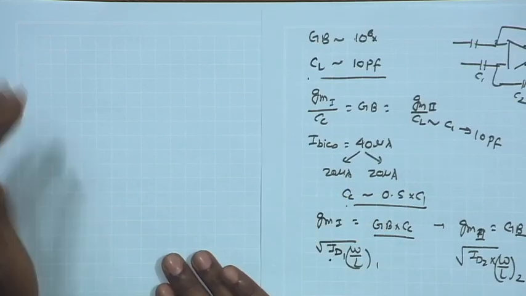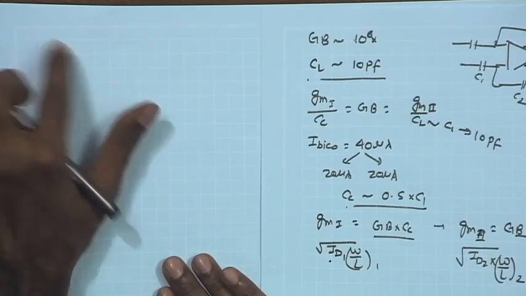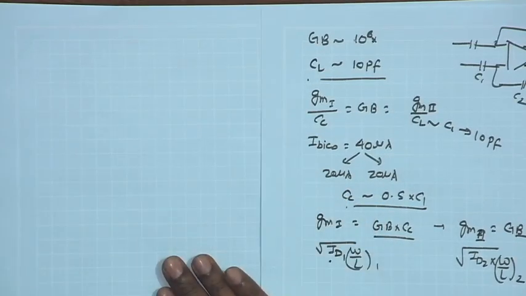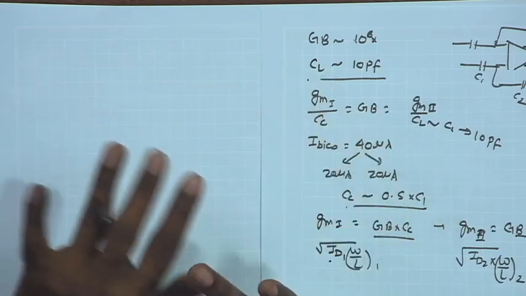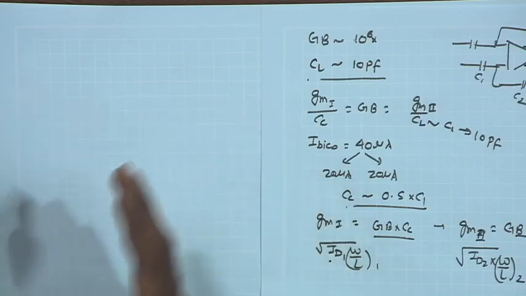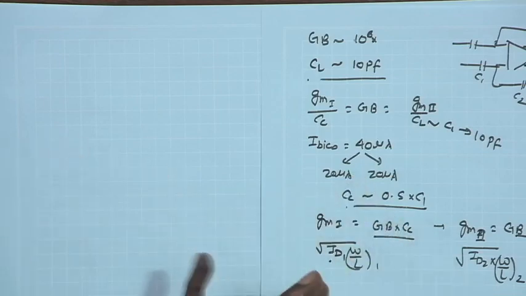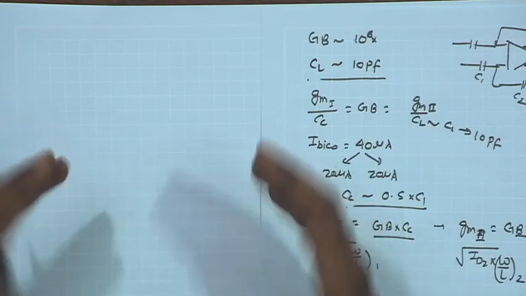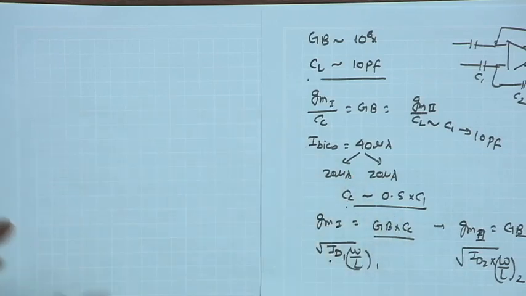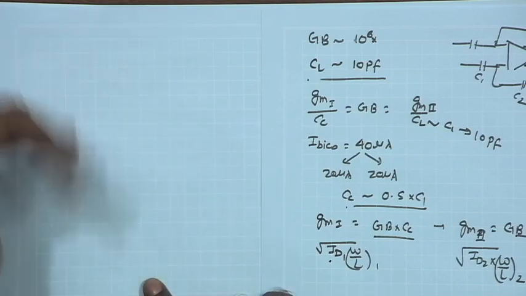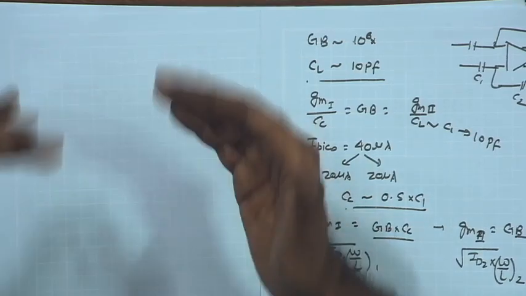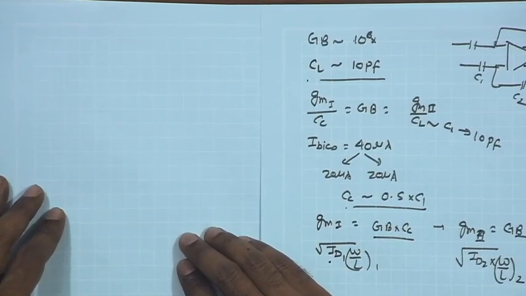So, we have the open loop gain requirement, which is around 10 to the power of 4, and once again we can divide this in an uneven fashion. We can take a smaller fraction of the gain for the first stage and a larger one for the second stage, or vice versa, and that also depends upon design considerations. If you are going for larger gain for the first stage, once again it contradicts with the noise requirements.